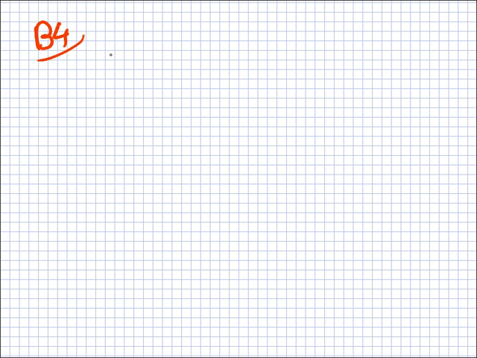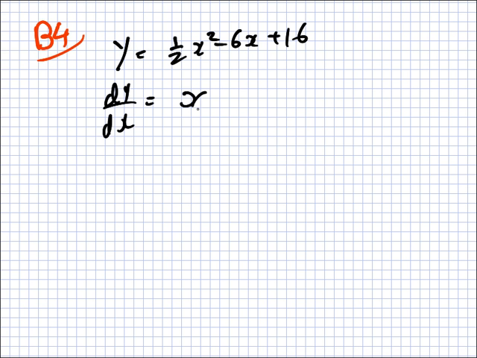Alright, so the first thing I need to do is get the derivative here. So dy/dx, bring down the power, reduce the power by 1, and that's a 6. And the x here is 2, so that's a minus 4, which means the slope of the normal, because it's perpendicular, is 1 over 4.